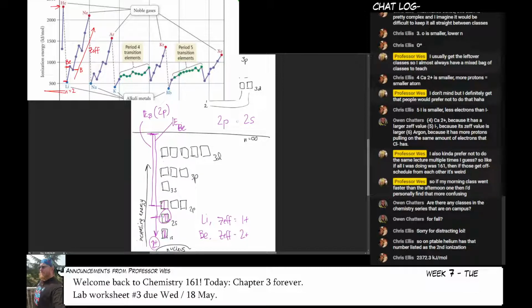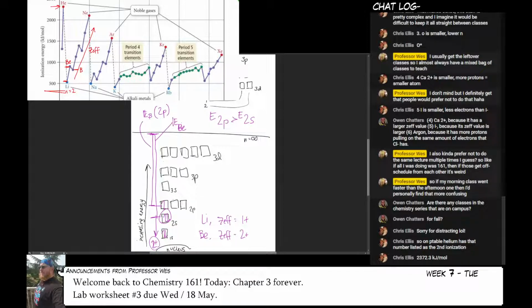I wrote the wrong symbol. Right? Because the order of energy in orbitals is s is the lowest, then p, then d, then f. So therefore, it's slightly easier to pull an electron away from a p orbital. So that's why there's that little drop there.